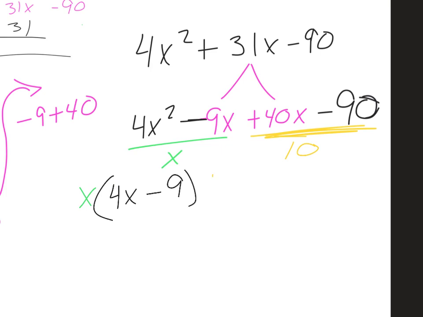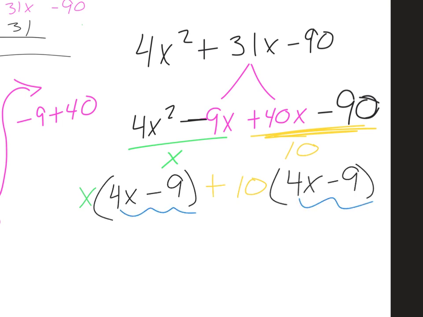So then I'm going to factor out the 10, and what do I have left over after that? 4x and negative 9. Right, so we know we're on the right track because those two binomials are almost the same. Oh, they are the same.